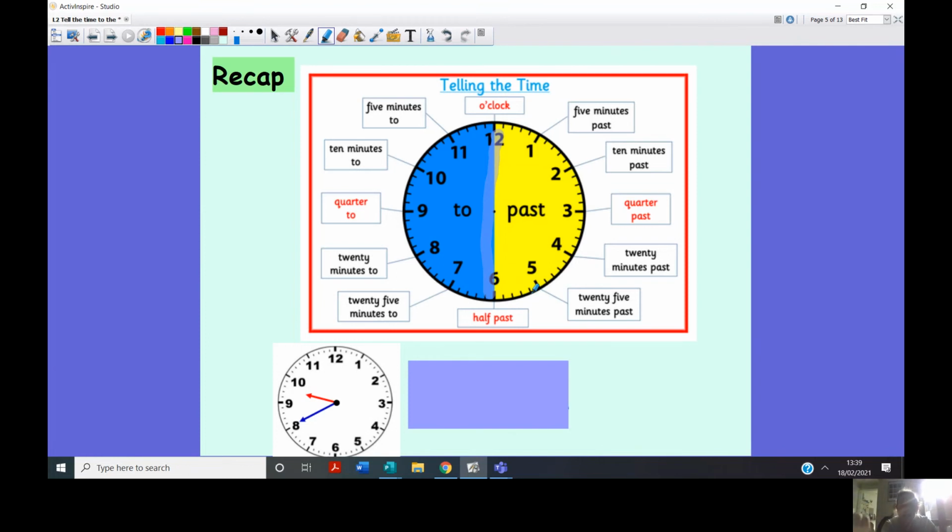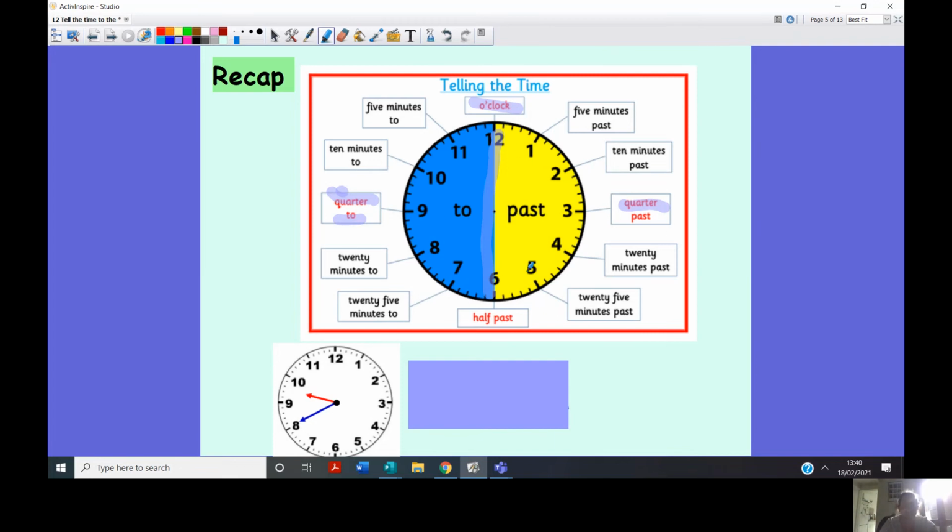So 5 minutes past the hour, 10 minutes past, quarter past, 20 past, 25 past, half past. When we go on to the other half of the clock, it's always to. We're looking forward to the next hour. And just to note that we don't say 15 minutes past or 30 minutes past. We use fractions, and then for when it's a new hour, we say o'clock.